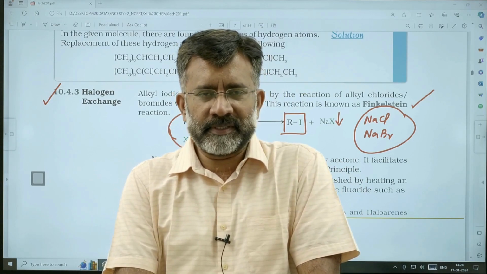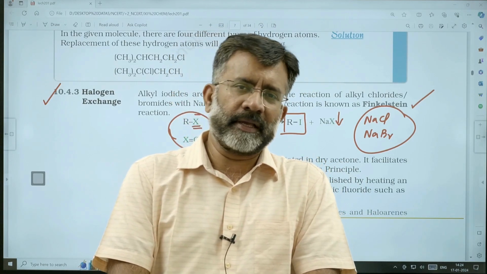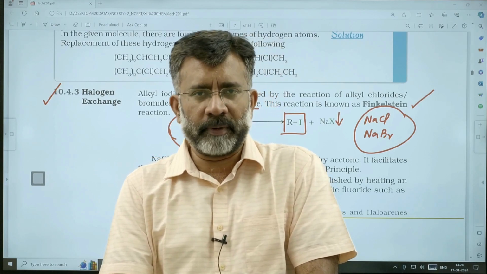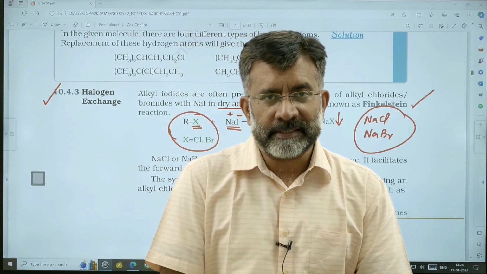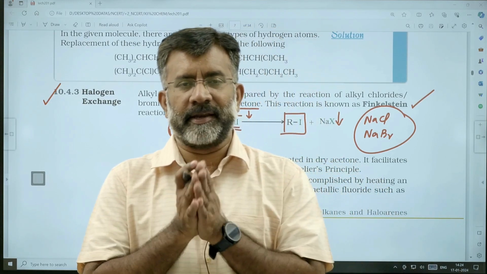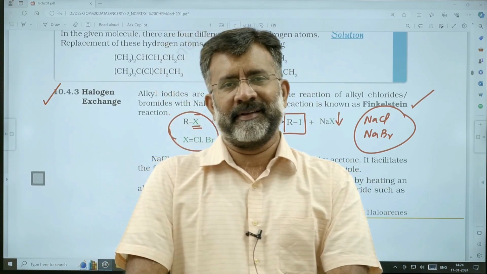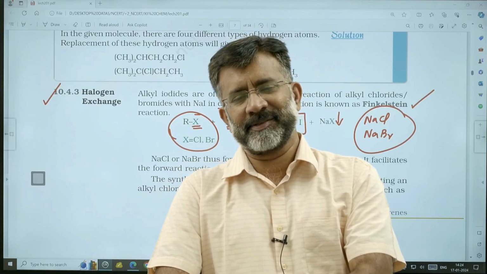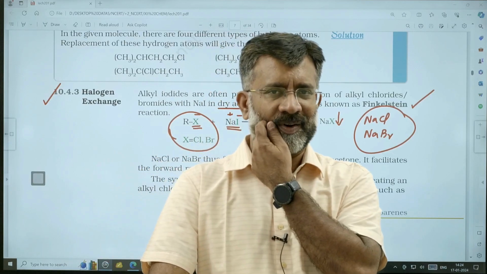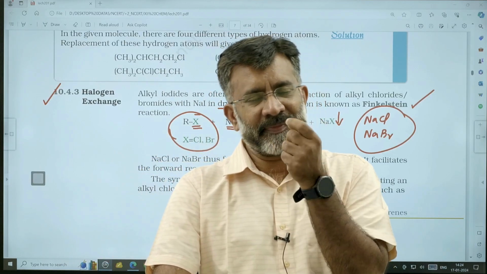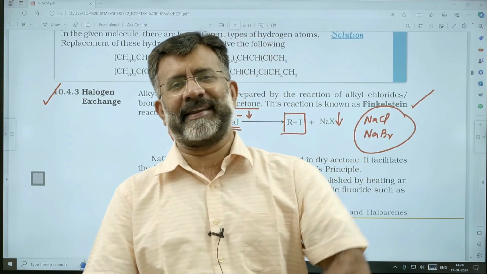Yet another nucleophilic substitution reaction: I minus, which is a better nucleophile, replaces chlorine or bromine, and the replaced chlorine or bromine leaves as NaCl or NaBr, which are ready to precipitate in dry acetone. Why does this happen? NaI is soluble in dry acetone, while NaCl and NaBr precipitate. It is because of the greater covalent character of NaI.